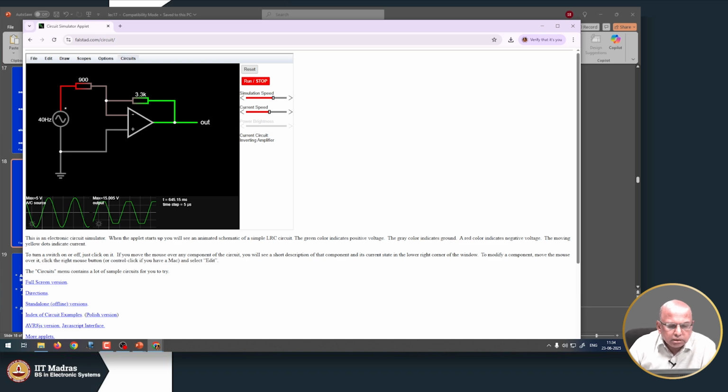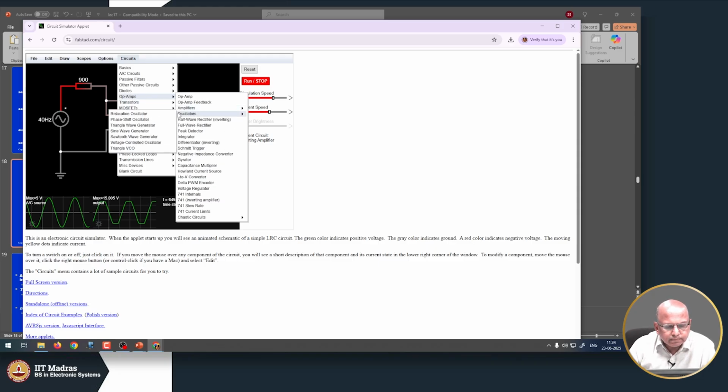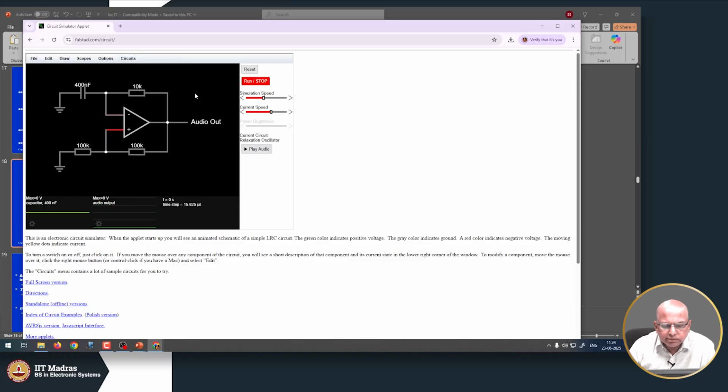Okay. Similarly, let us look at maybe some oscillators, maybe relaxation oscillator. Okay. So, again you can see that the frequency of this waveform is around 112 to 113 hertz.